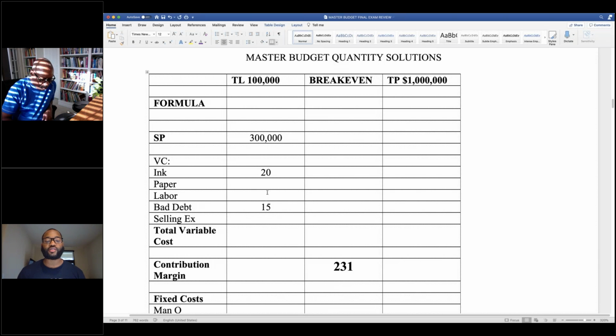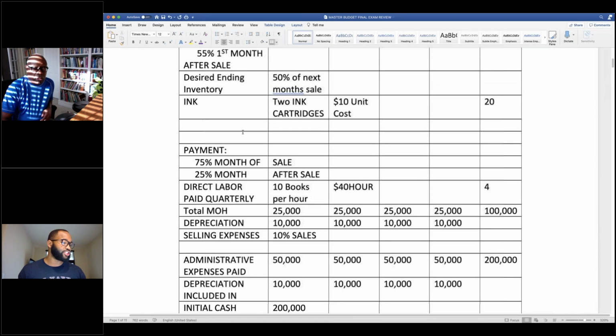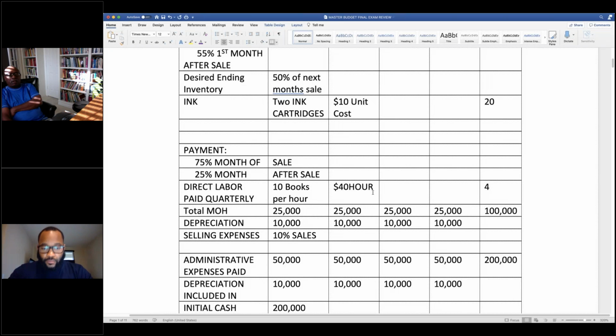Wouldn't that be dependent on what you learned before? Hold on. So it's just $40 to go there, right? No, hold on. Let me look at my little cheat sheet. You can make 10 books an hour.